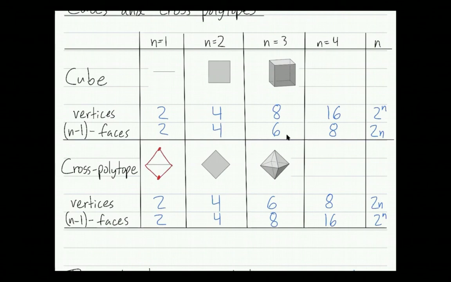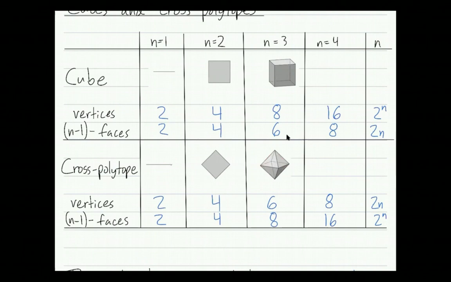And then to get from the diamond to the octahedron, I add a vertex above and below, and then a cone over it. All right, so how do we use this to count the number of faces? Well, we do sort of a proof by induction.